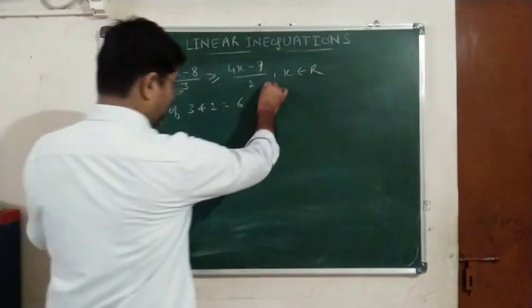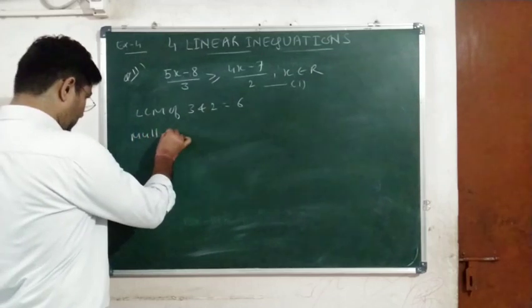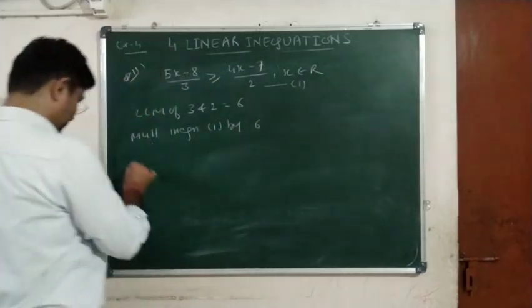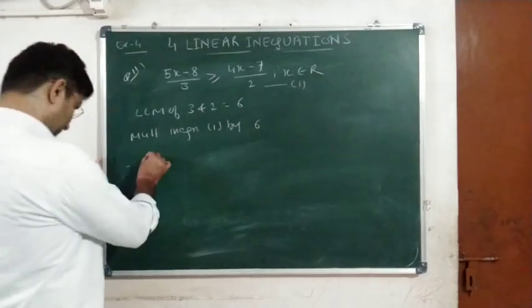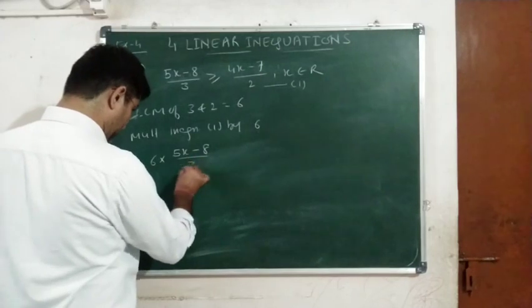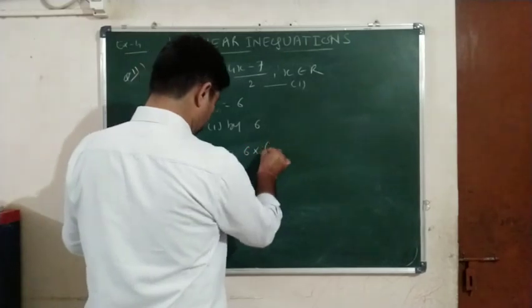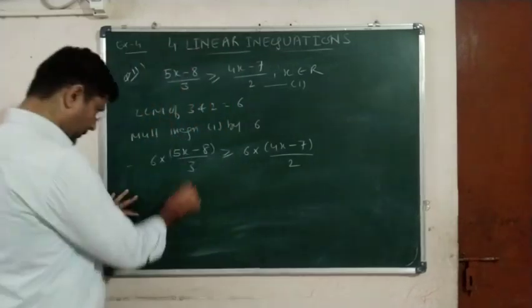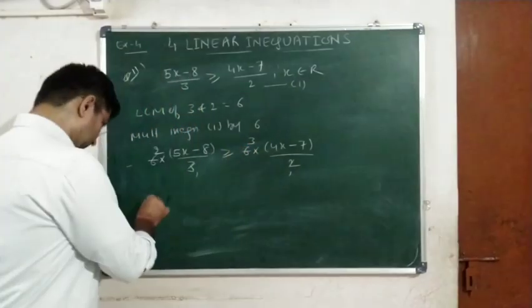So multiplying equation 1 by 6, that is multiplying both sides by 6, therefore 6 into (5x minus 8) upon 3 is greater than or equal to 6 into (4x minus 7) upon 2.